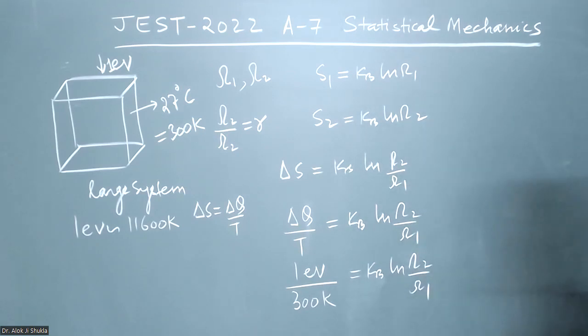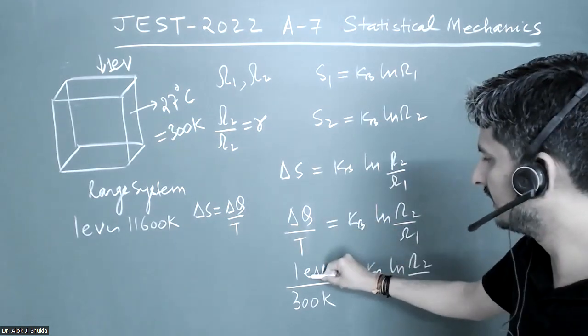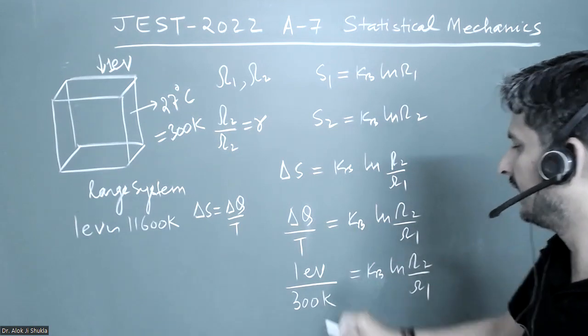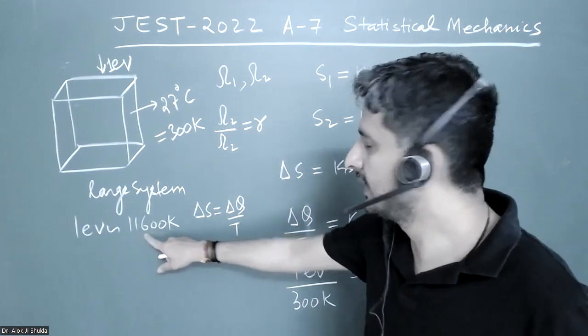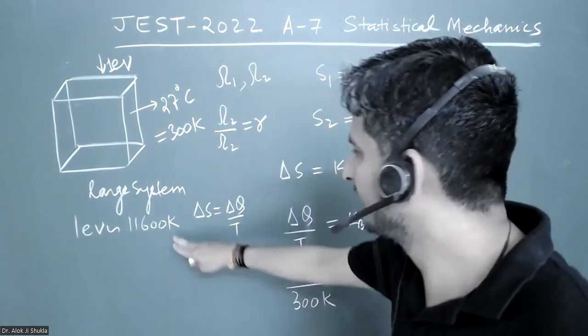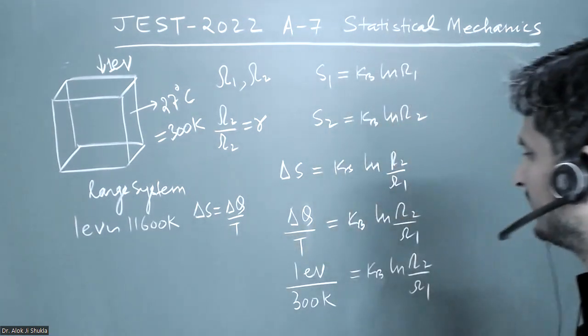The energy that is added is 1 electron volt, and the temperature is 300 Kelvin. We have to be careful that this energy is in electron volts and this is in Kelvin. The conversion factor is that 1 electron volt is equal to 11600 K.